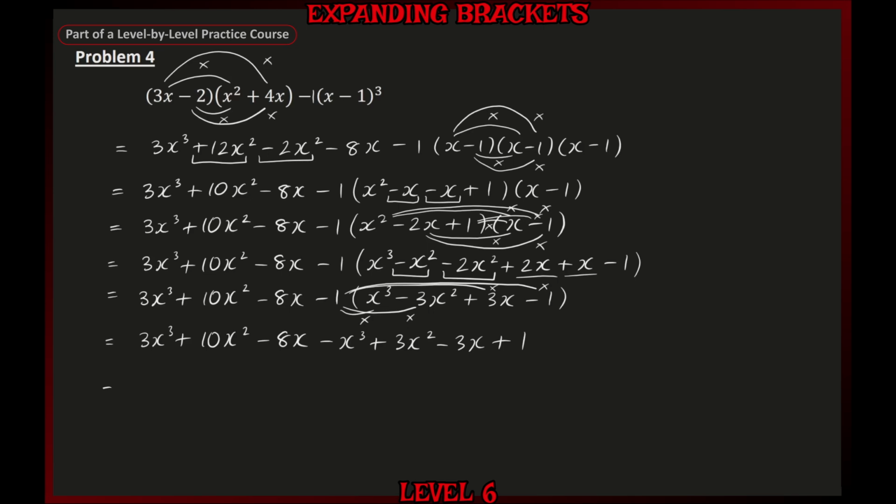To finish off this problem, we can now just collect together all the like terms for the final time. So we have a 3x cubed minus an x cubed, so that's 2x cubed. We have 10x squared plus 3x squared, which is plus 13x squared. We have a minus 8x and a minus 3x, which give us minus 11x, and a plus 1 at the end on its own.